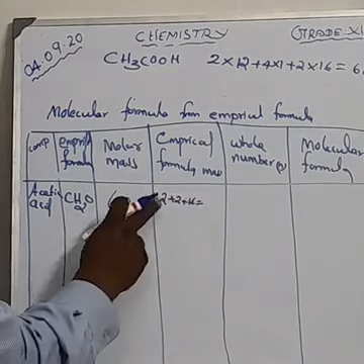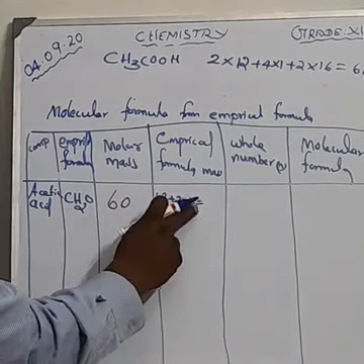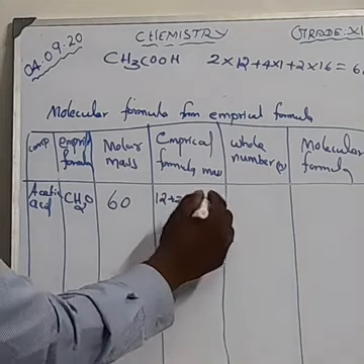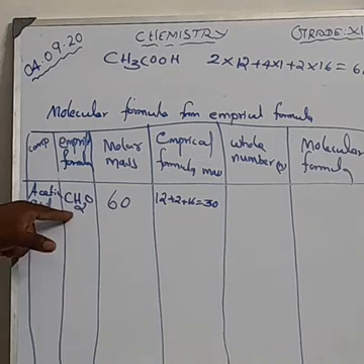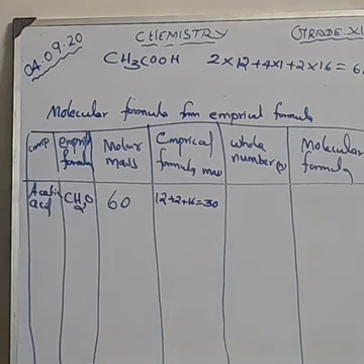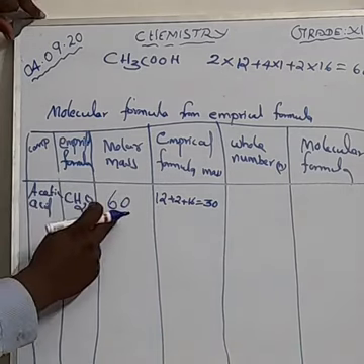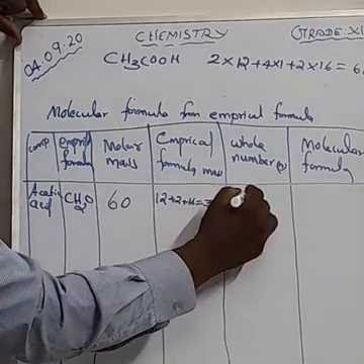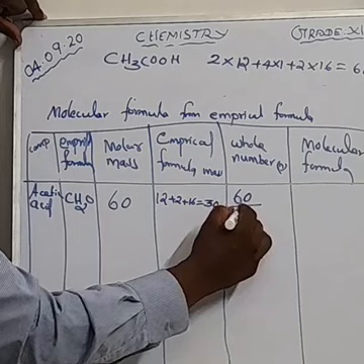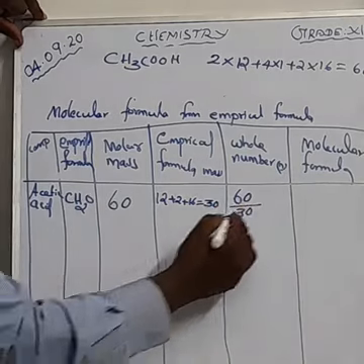How much? 14, 14 plus 16 is 30. Clear? As per this atomic mass. Then the whole number: 60 divided by 30. What's the answer? 2.